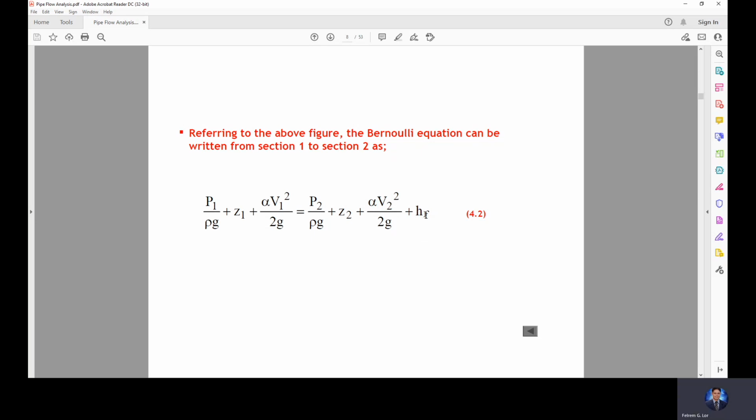If we transfer this head loss to the left, it becomes negative: elevation, pressure, velocity, minus H, or head loss. Okay? So it's clear. This is just the application of Bernoulli's equation from our previous discussion. I just emphasized the inclusion of head loss in the Bernoulli equation.